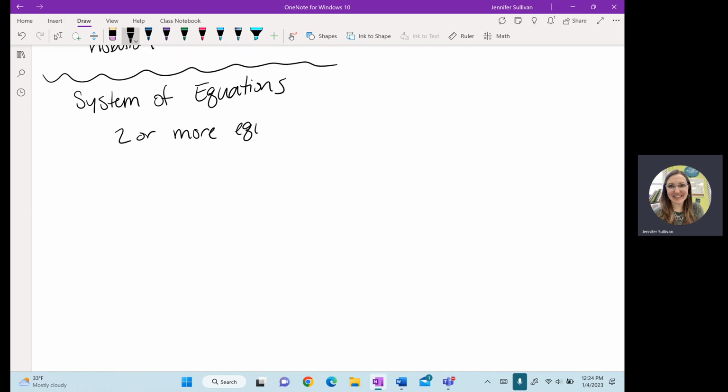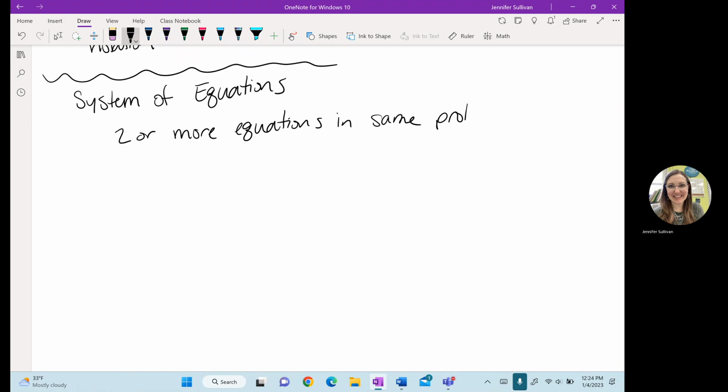Two or more equations. So whenever you hear the word system, you're just thinking, okay, multiple equations.